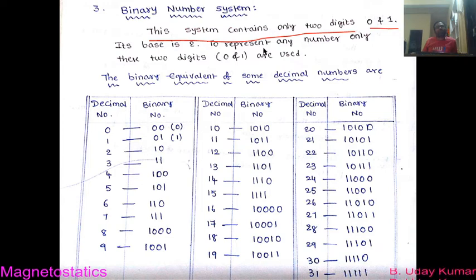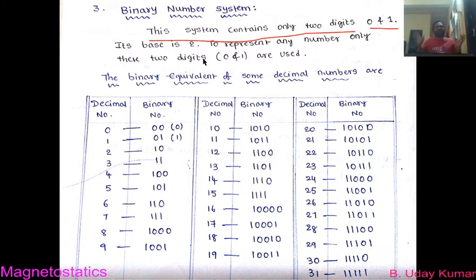To represent any number, we only use 0 and 1 in the binary number system. In the decimal number system we had 10 digits: 0, 1, 2, 3, 4, 5, 6, 7, 8, 9. But in the binary number system, there are only two digits, 0 and 1.